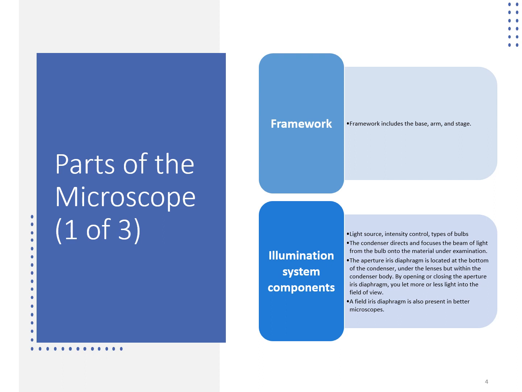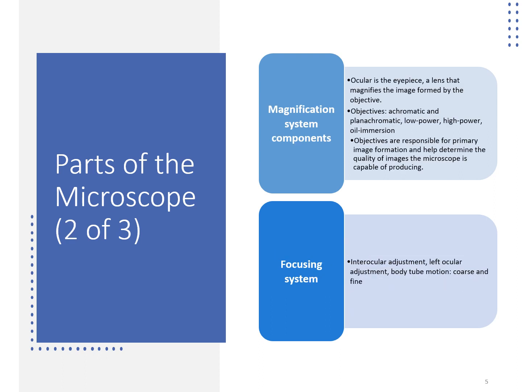So that's going to factor into your resolution and how well you can visualize the various components of those cells. Then you have the magnification components, which include your objectives and your eyepiece oculars. These combined will give you that magnification, and you have different levels of magnification that we'll discuss.